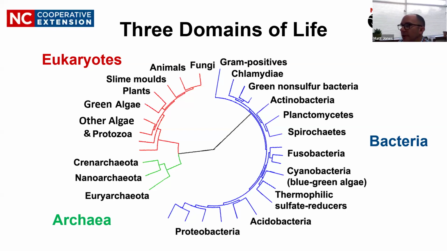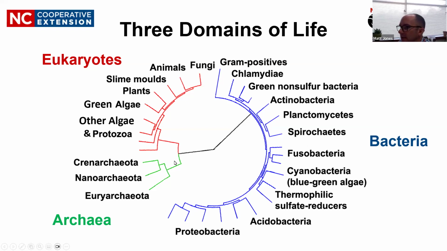And we had generally, in the big picture, grouped organisms as bacteria or eukaryotes. So bacteria have much smaller cells, much simpler internal cell structures. But we realized there was an entire group of bacteria-like organisms called the archaea that were actually more closely related to the eukaryotes, which includes plants, animals, fungi, algae, and protozoans.